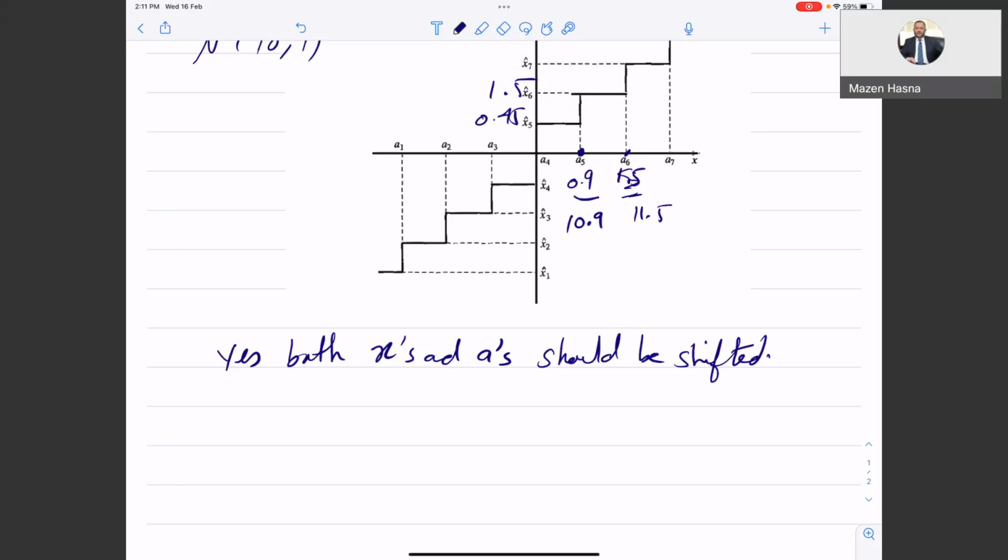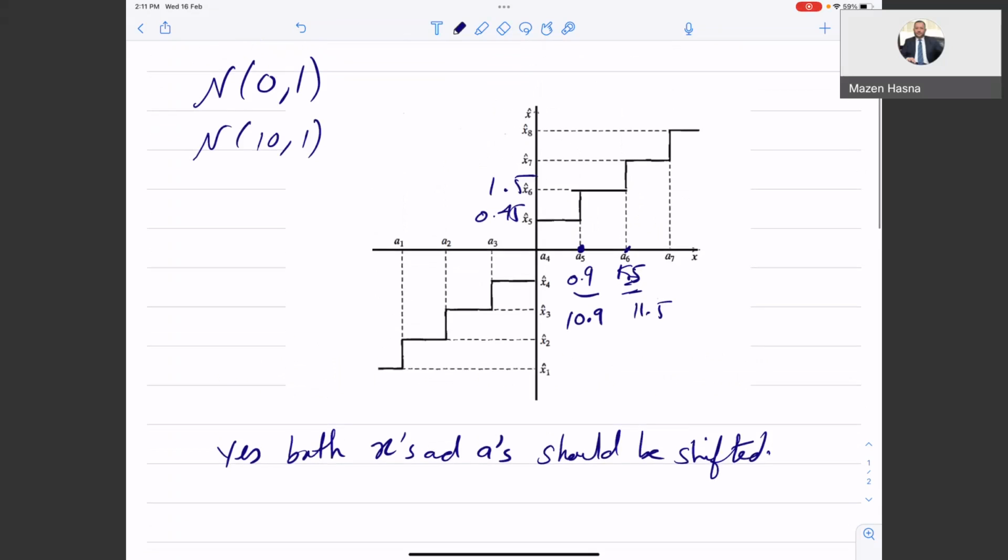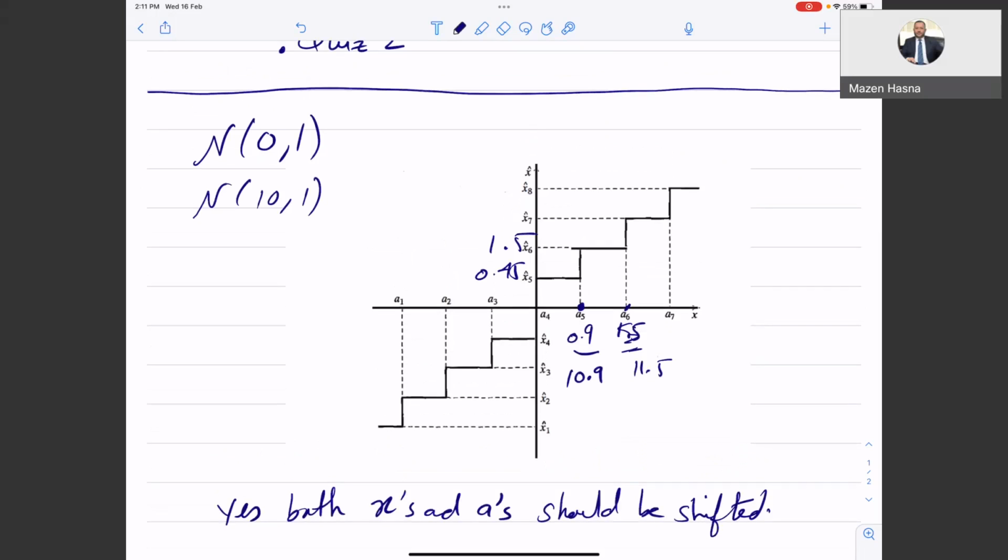What do you mean? If you go to Matlab and generate numbers using a Gaussian of zero mean and unit variance, most of the time the numbers will be 0.01, 0.05, 0.1, 0.7, minus 0.01, all around 0.